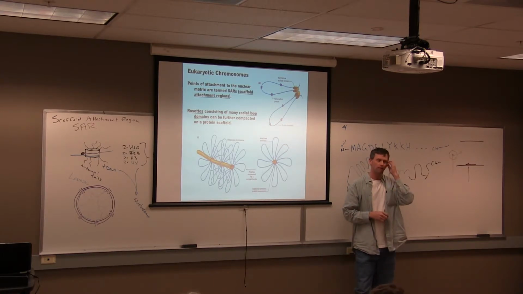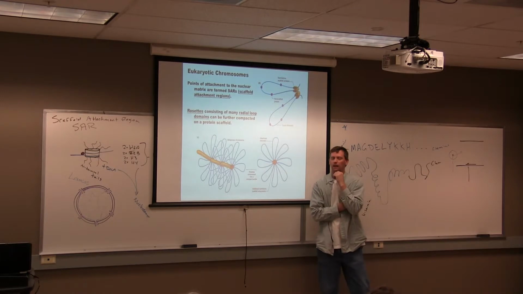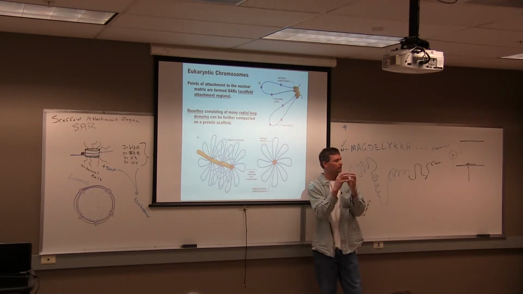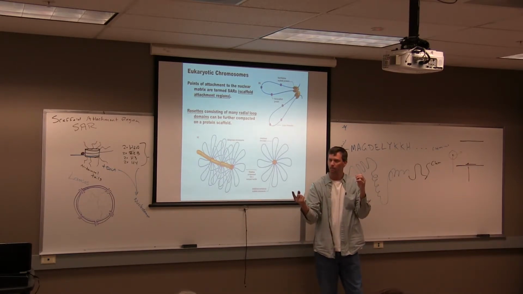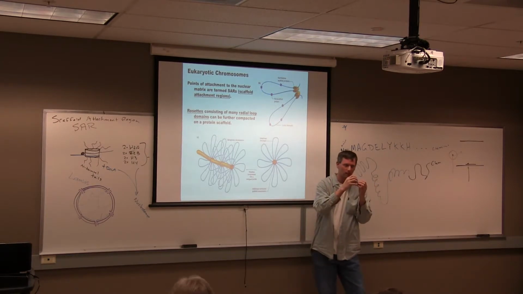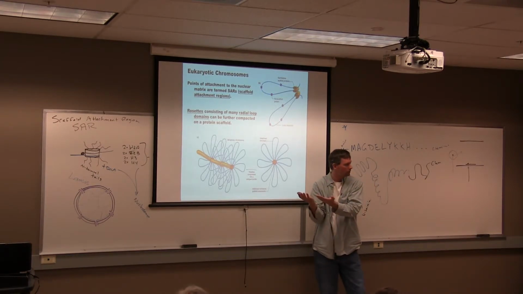They found that if they compacted DNA a certain way, the gene would be turned on. If they compacted DNA using different sets of proteins, the gene was going to be turned off. How the DNA got compacted seemed to control whether the gene was expressed or not.